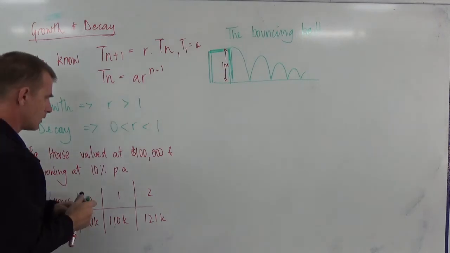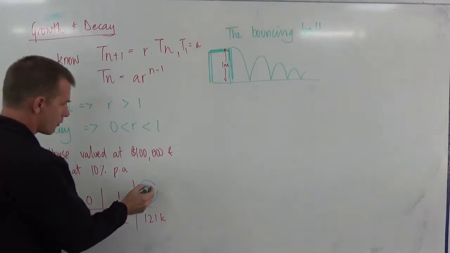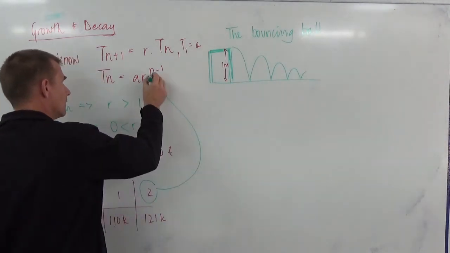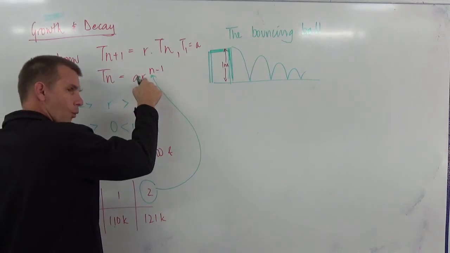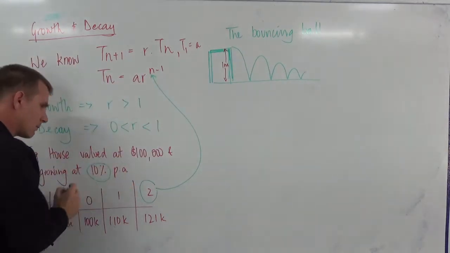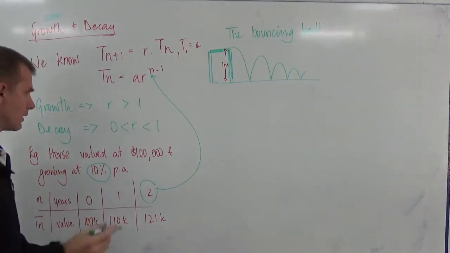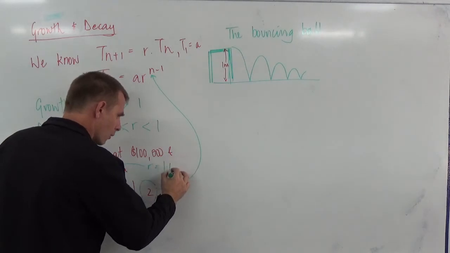If I take 2 years, and I put that into here, with 100,000 there and 1.1 in there. Oh, I should mention that. This number here is 10% growth. So that would mean that my R value has to be 1.1.